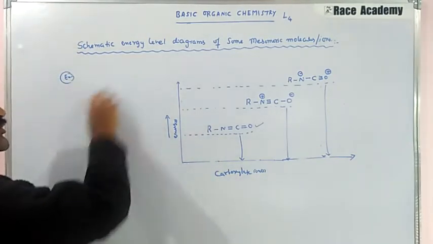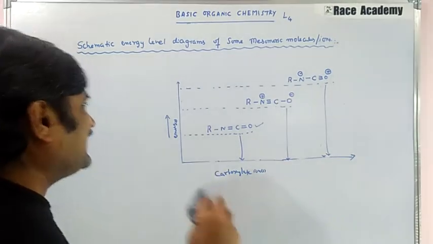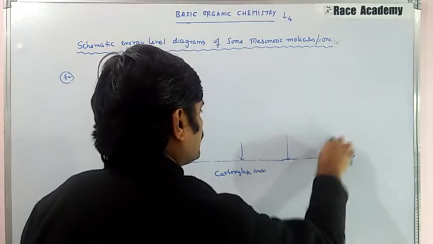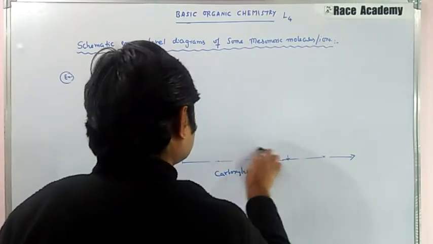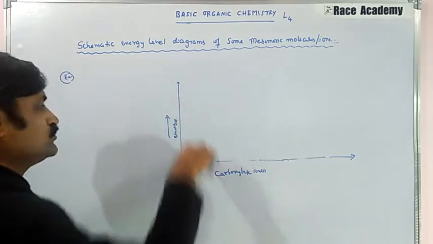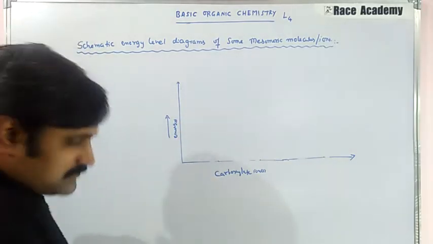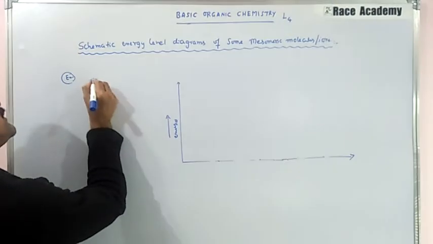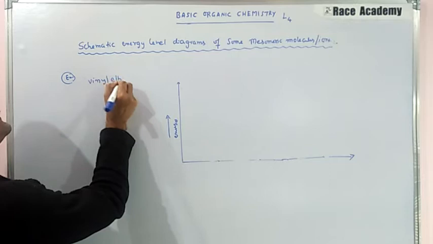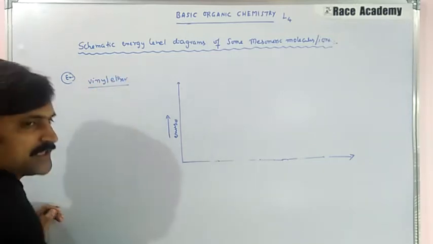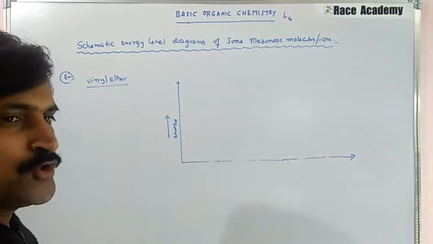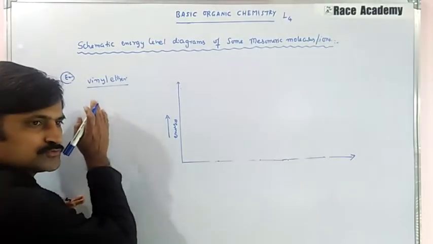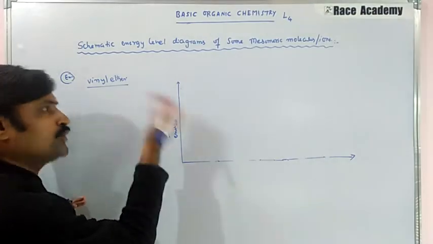Next we are going to write vinyl ether. I am going to write vinyl ether after this one, and I will show you the energy. Vinyl ether is nothing but CH2=CH-OCH3, which I am taking.